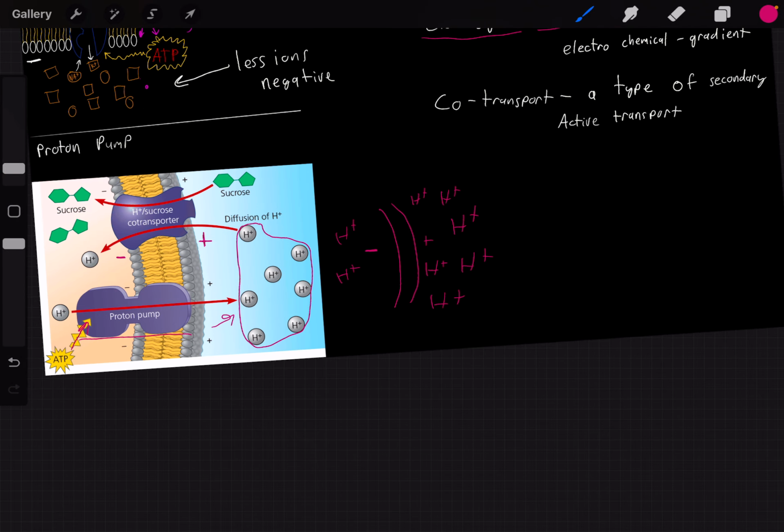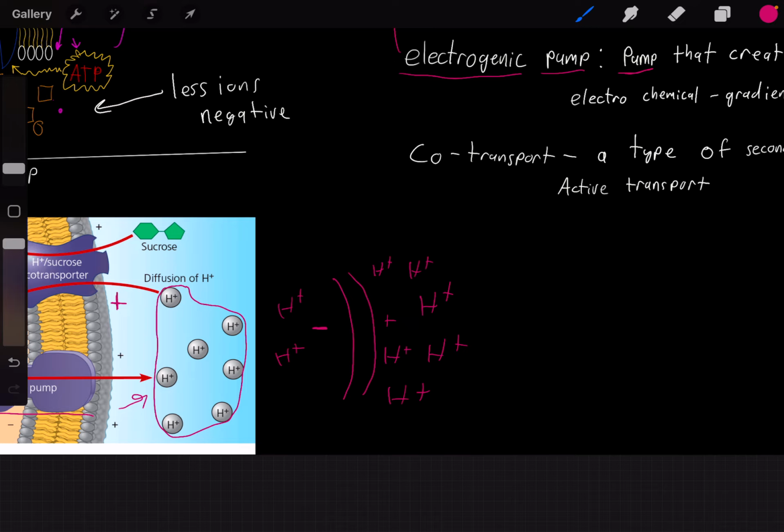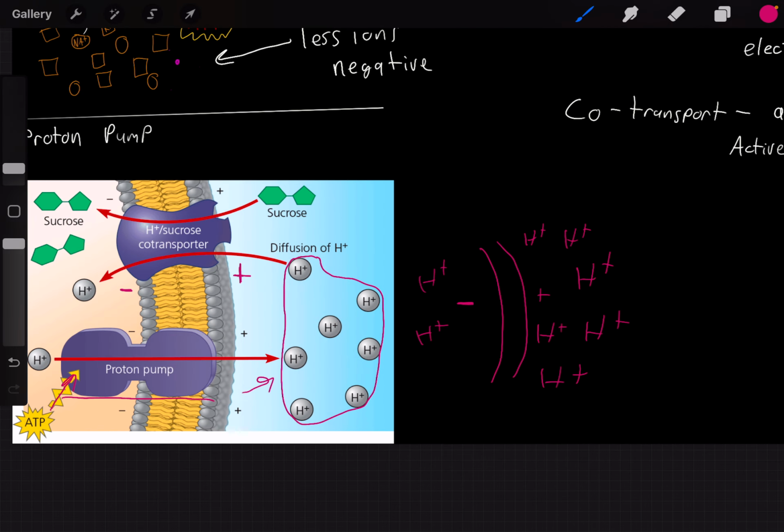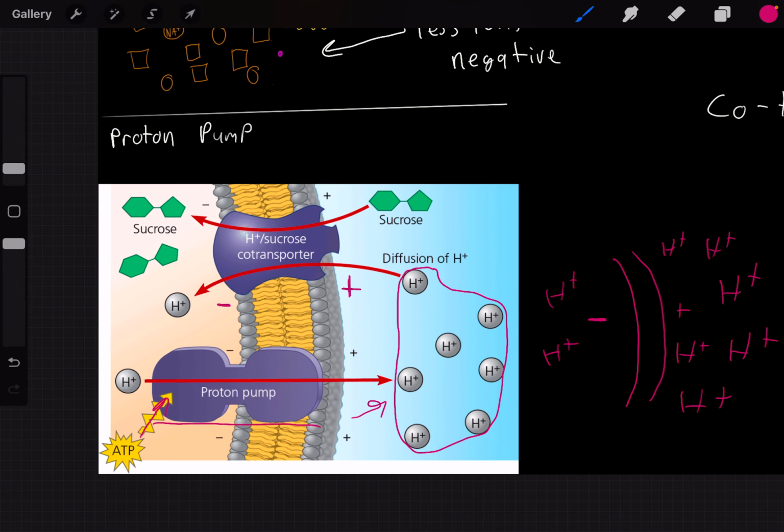So that is what the proton pump does. Again, a proton pump is a type of electrogenic pump that pumps hydrogens outside of the membrane, creating an electrochemical gradient. Again, this is a gradient. You have a high amount of hydrogens and a low amount of hydrogens. So that's the chemical gradient.